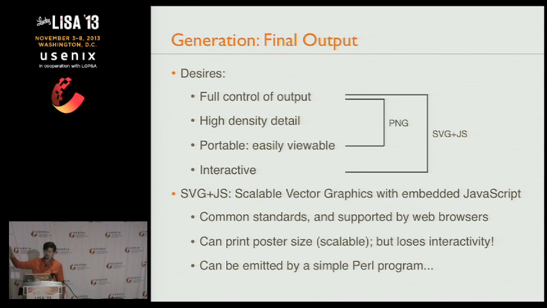That's why I used SVGs and JavaScript. SVGs and JavaScript deliver all of them if you open them in a browser. If you don't, if for example you print it out and stick it on the office wall like we've been doing at Joyent, you still get at least three of these. If you turn these into PNGs, you still have full control of what the output is and high density detail.